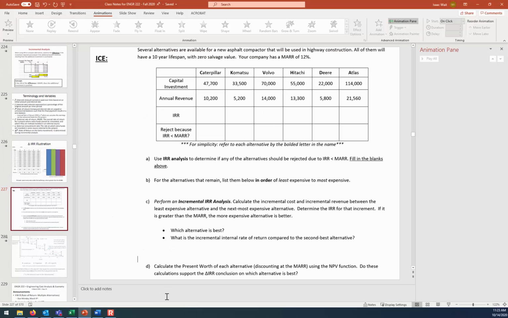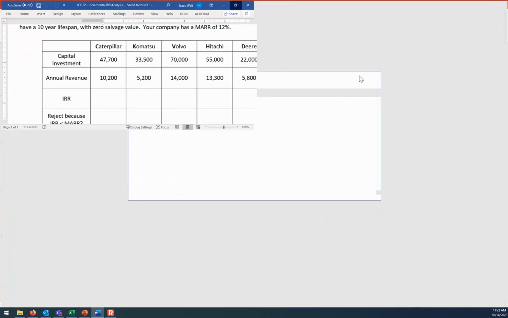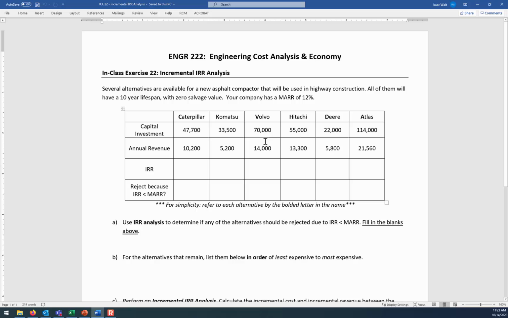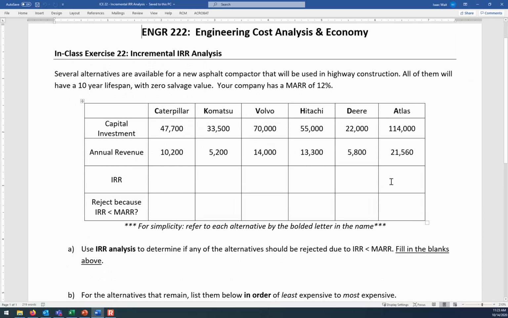Okay, so here's the in-class exercise for today. We have a couple of options. There is some asphalt. We need to get a new asphalt compactor. You can choose from an option made by Caterpillar, one that's made by Komatsu, Volvo, Hitachi, Deere, and Atlas.